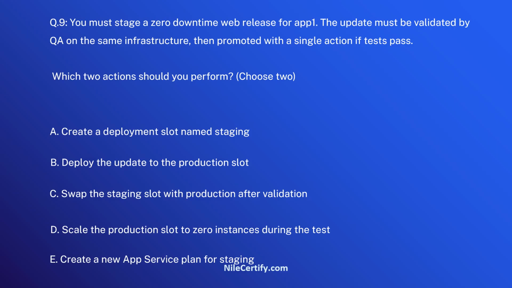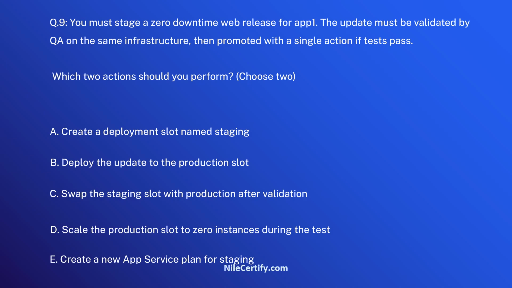Option E, create a new app service plan for staging, and this one adds an extra cost and doesn't fulfill the requirement that the QA test on the same infrastructure. Slots run under the same plan. So you don't need or want to create a separate app service plan.